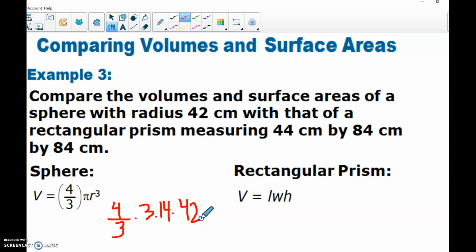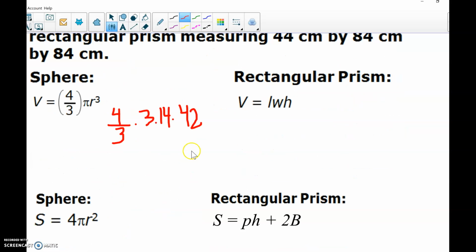So you just want to make sure that, okay, it says volume and surface area of a sphere. So we're doing volume and surface area, and then volume and surface area. Okay, and this is cubed.